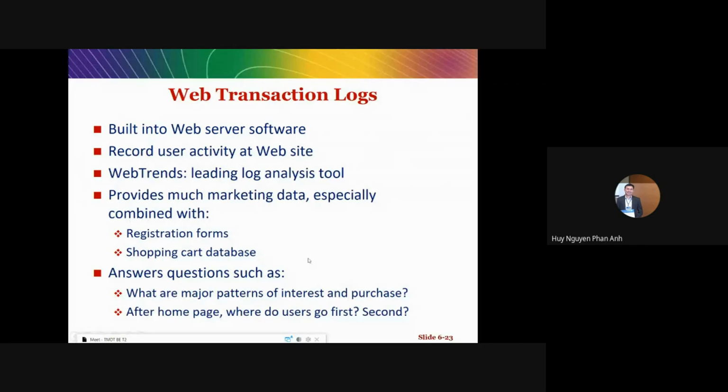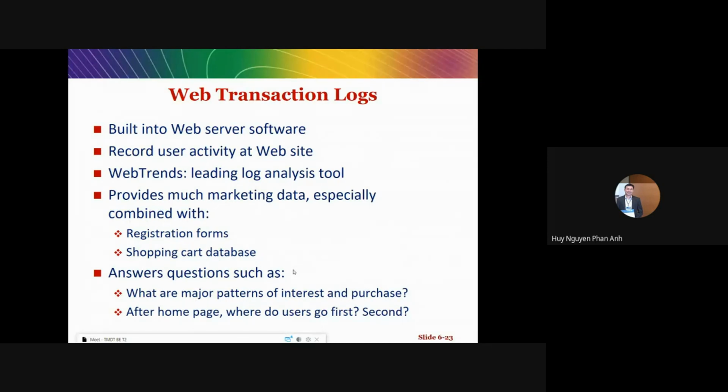So to answer the question such as what are the major patterns of interest or purchasing? So they are the patterns, right? So when you want to buy, let's say you want to buy a product, maybe they will buy another product. So they will connect all of the products together to create the pattern behavior. Okay.